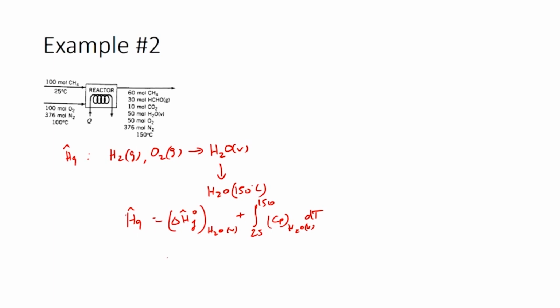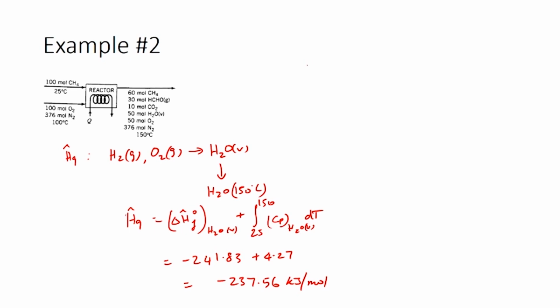So, now H9 cap would be equal to minus 241.83 plus 4.27, which would be equal to minus 237.56 kilojoules per mole. So, now we have all the specific enthalpy values. We can fill out the table and calculate delta H dot.